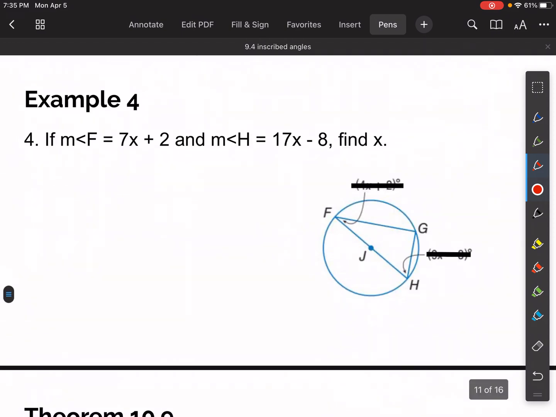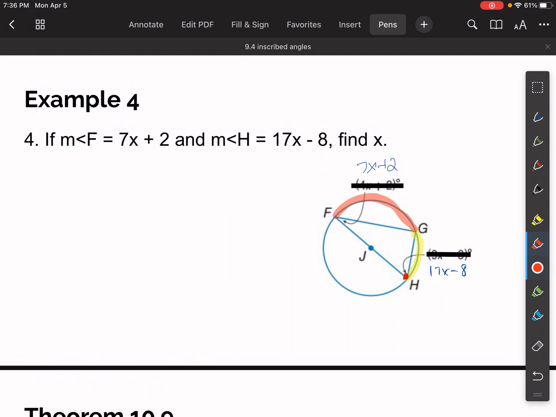Example 4 says if the measure of angle F is 7x plus 2, so notice I crossed these out here, and the measure of angle H is 17x minus 8, find x. Let's take a peek. The measure of angle F gives me this intercepted arc GH, and the measure of angle H will intercept GF.